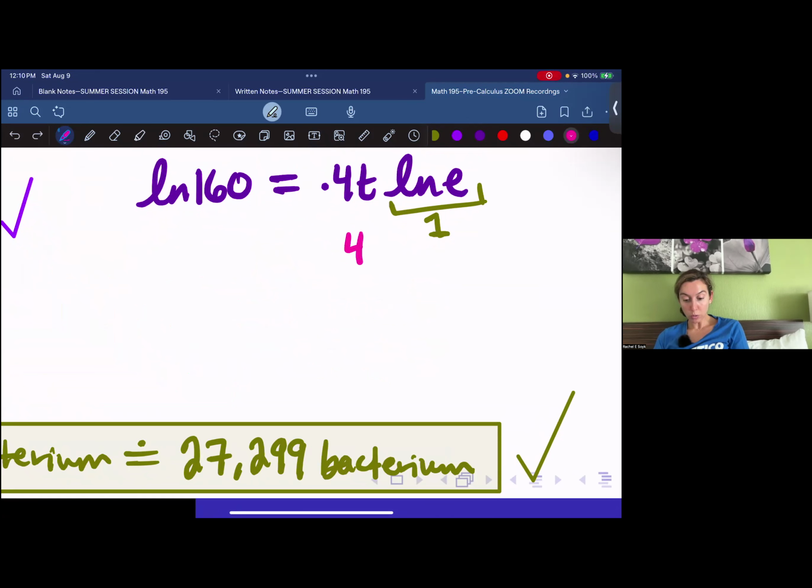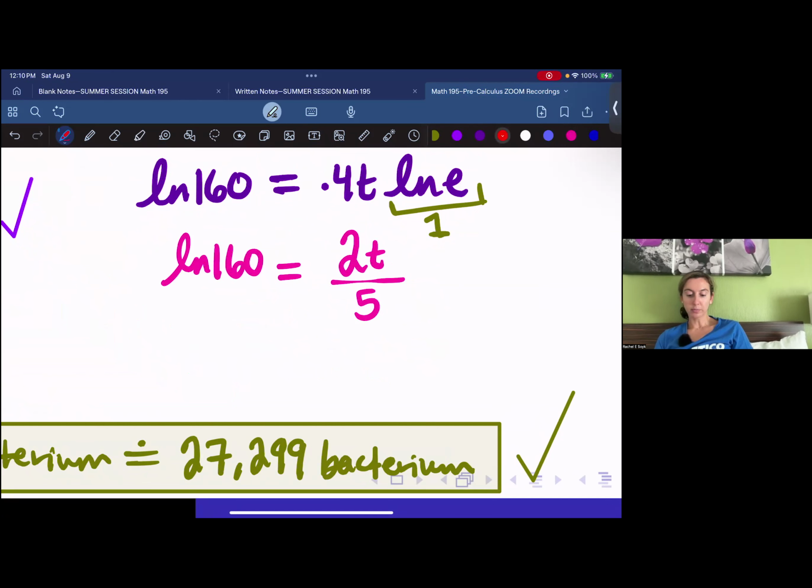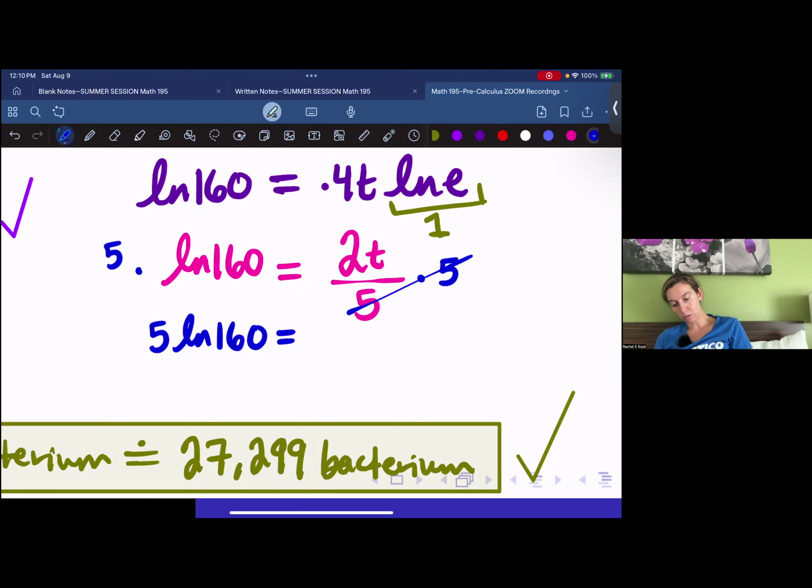That's just 2t over 5. And then that left-hand side stays the same. Then last but not least, almost there, let's multiply both sides by 5. We get 5 ln of 160 equals 2t, and then divide both sides by 2 to get t all alone.